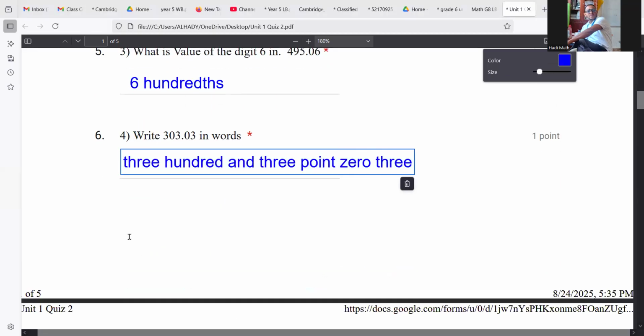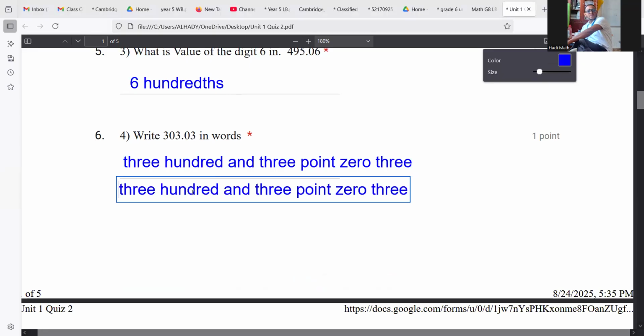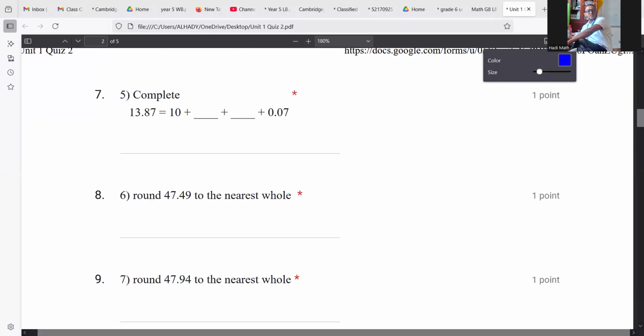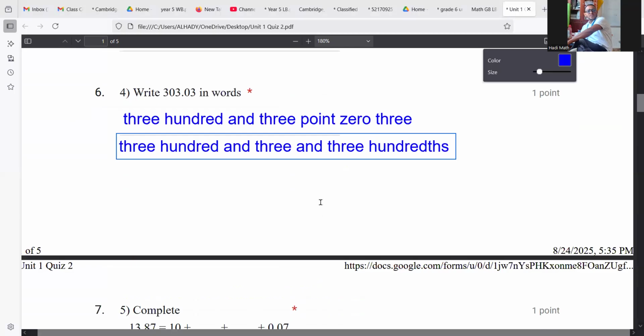Or you can write it in a different way. You could say 303 and 3 hundredths, because it's the second number after the decimal point. But don't try to say 300.3, that is wrong.